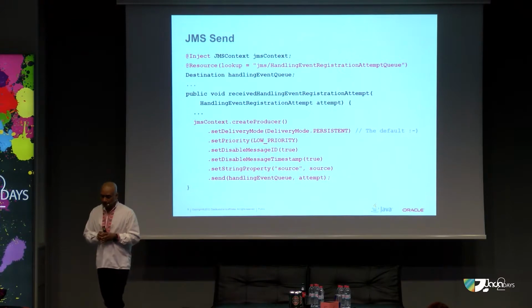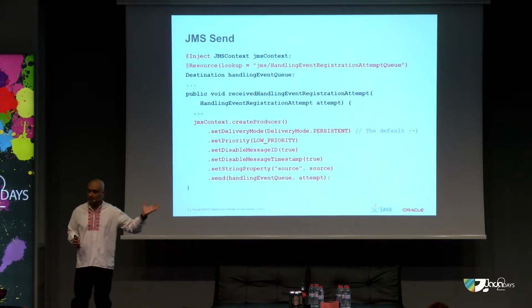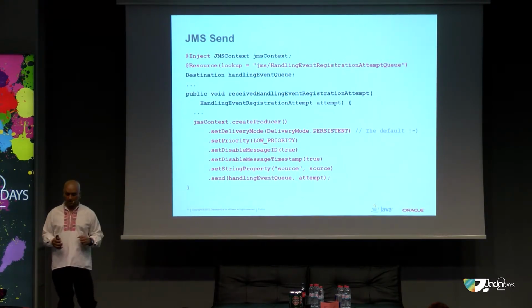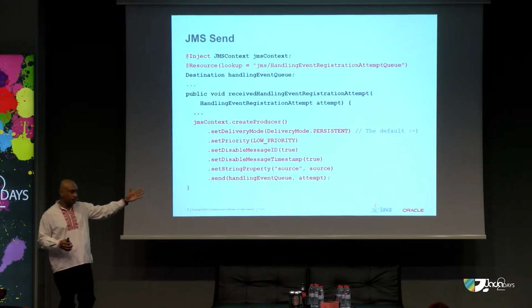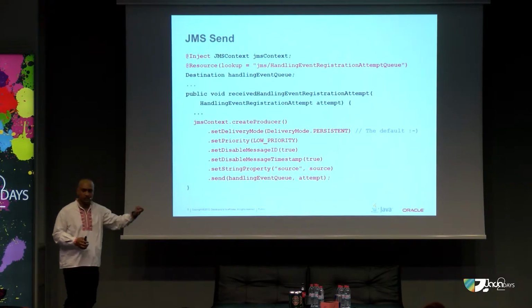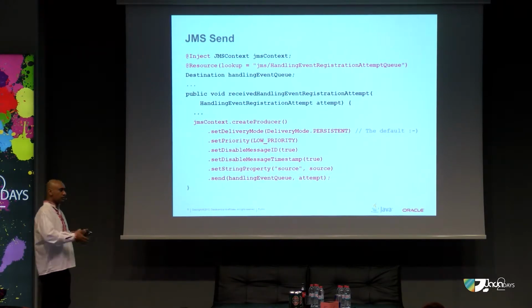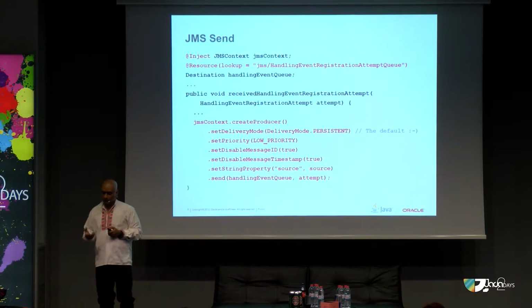And take a look at how powerful this is in Java EE. It's just a one-liner, and in this one-liner, I'm doing quite a bit. It uses a Fluent API pattern. I'm setting a bunch of quality of service parameters, and I'm also setting some filter values as well. So I'm setting a property called source and setting it to some source value that I have. A whole bunch of stuff going on here. Again, it doesn't get more compact and more powerful than this.